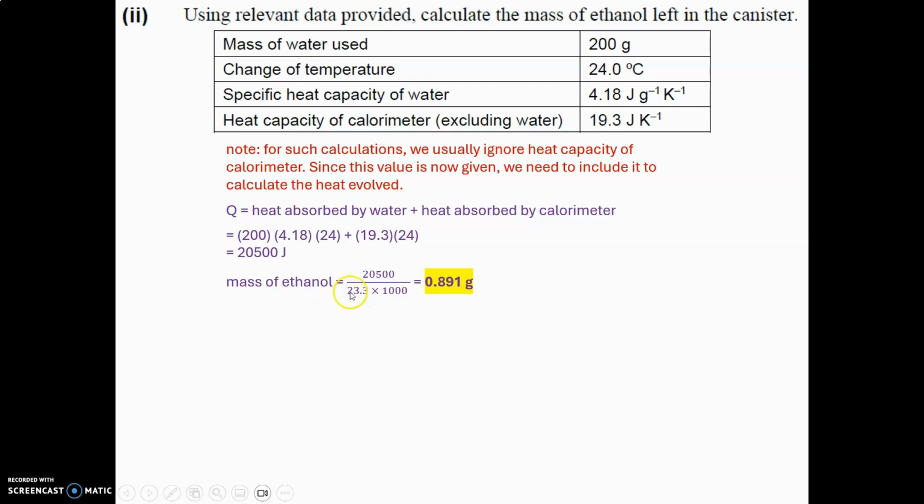So we need to convert 23.3 kilojoules into joules first. So the mass of ethanol will be 20,500 divided by this number. So the mass of ethanol left over in the container was this mass, 2368.